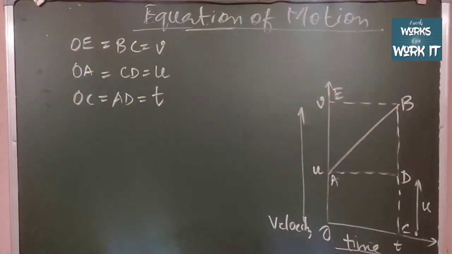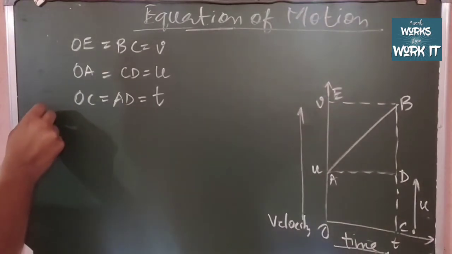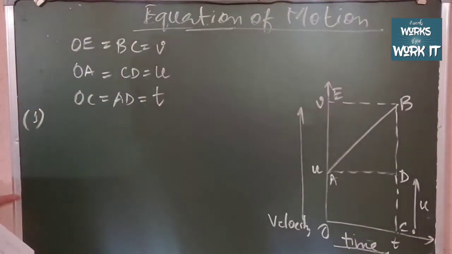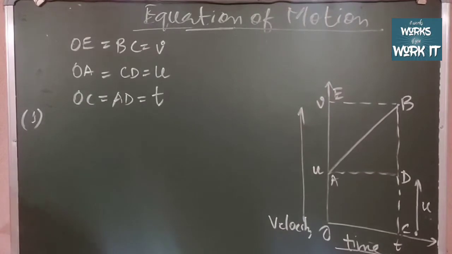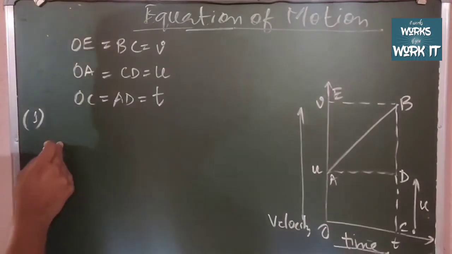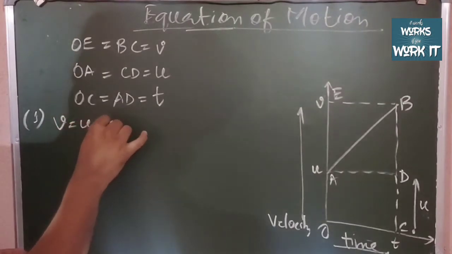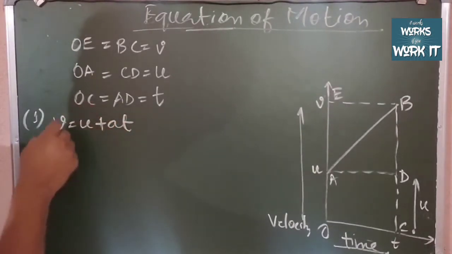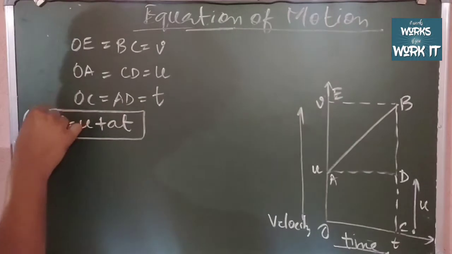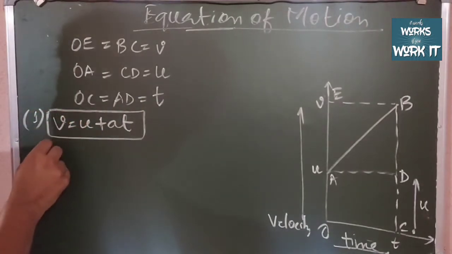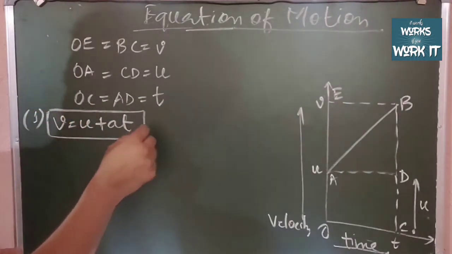Now we will be deriving the first equation of motion, that is v equal to u plus at. I have written here v is equal to u plus at. Now this equation we need to prove, or we need to find out how it has come from the graph.